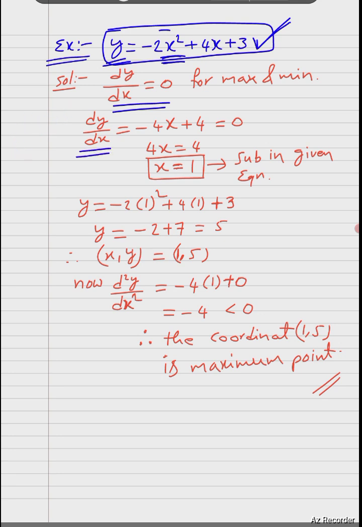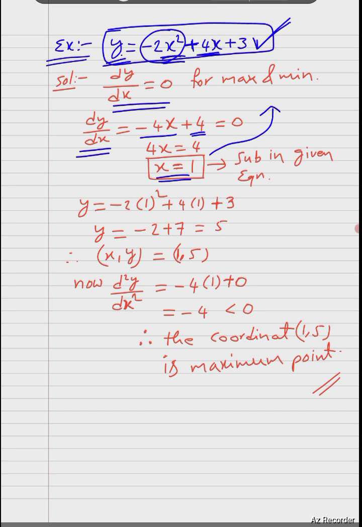dy/dx of minus 2x² is minus 4x plus dy/dx of 4x is 4. Then x equal to 1. Okay. So for the value of 1, the slope dy/dx becomes 0. Okay, so x value is 1.